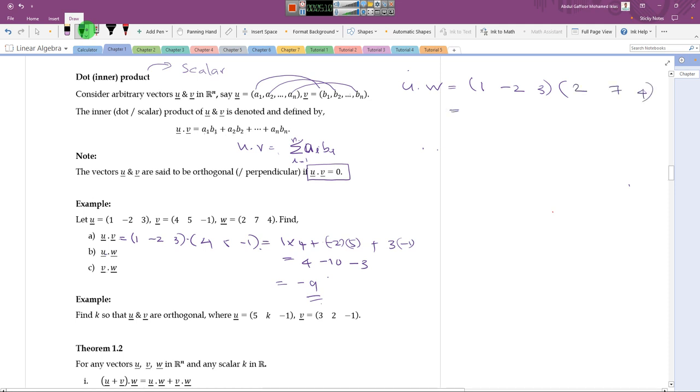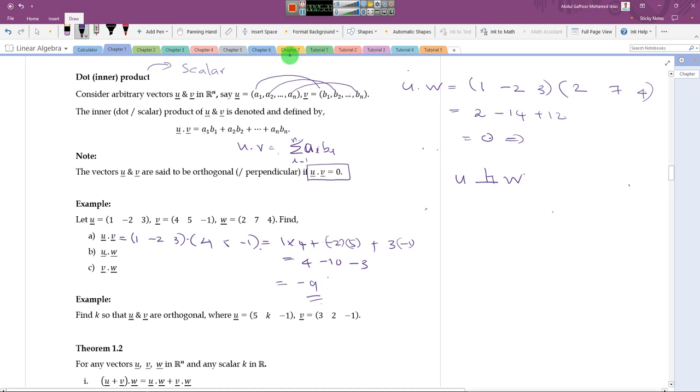So the answer would be 1 into 2, 2, minus 14 plus 12, so 0. So we can say u is perpendicular to w since the dot product is 0.